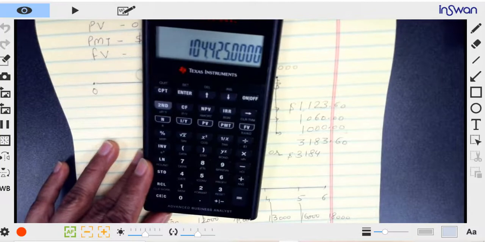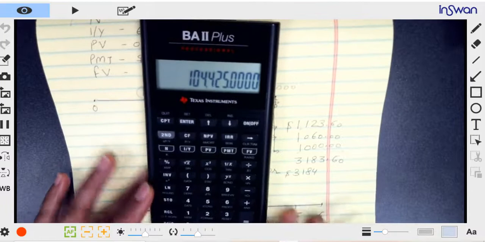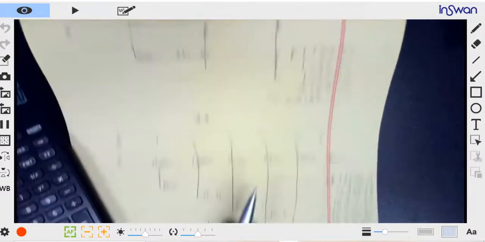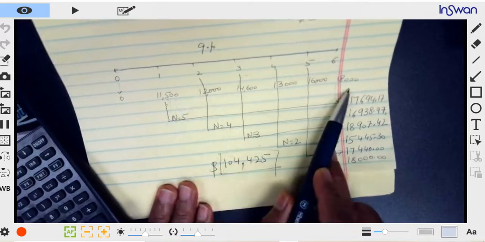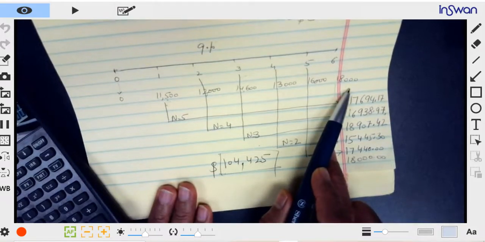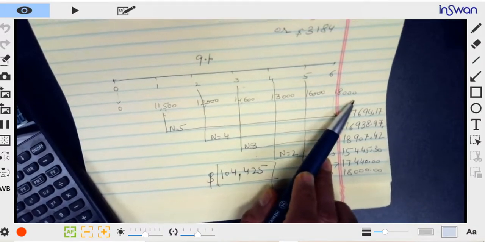You cannot do that directly. The only way is, for all these cash flows, you will enter all of them and you will get the net present value of all those cash flows.